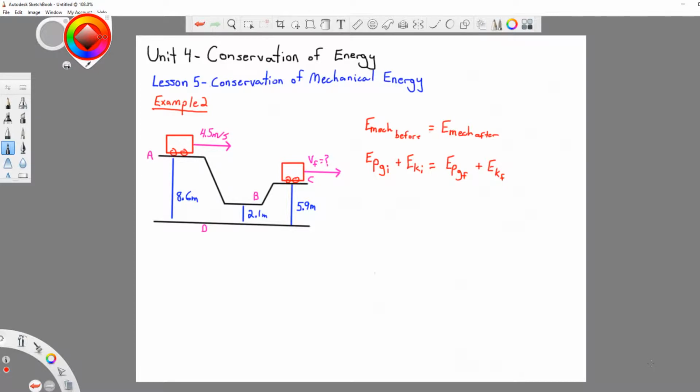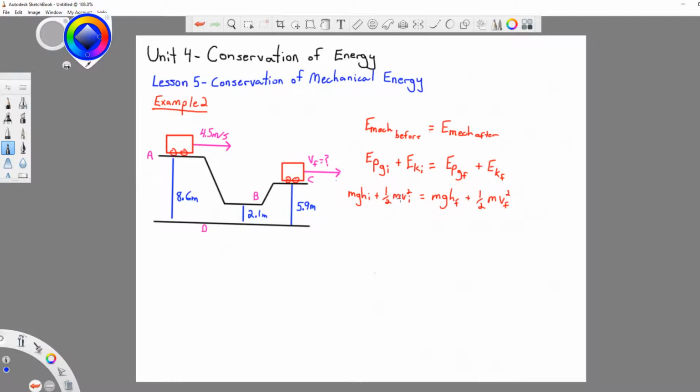Now comes the big write it all out step. So we're going to have mass times gravity times height initial plus 1/2 mass times velocity squared initial is equal to potential again, mass times gravity times height final plus 1/2 mass times velocity squared final. Now, like the first example problem, there is no mass to this cart.